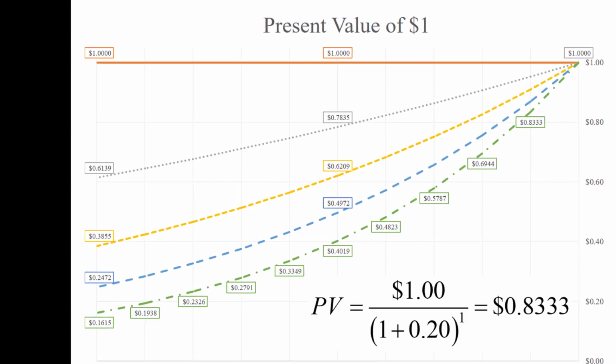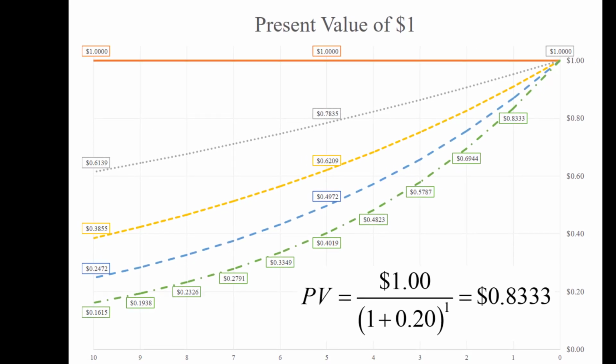And so if we're given 1 year to earn interest at 20%, we could invest $0.8333 today to have $1 after 1 year if we earn 20%. If we're given 2 years to earn 20% interest, and we want to find the present value of $1 that's received in the future, 2 years from now, we know that we would have $0.6944 today.